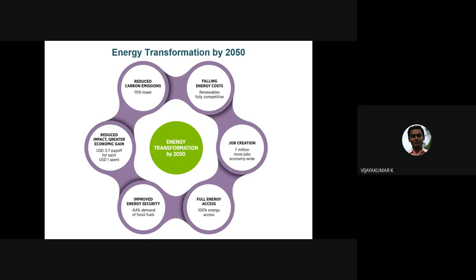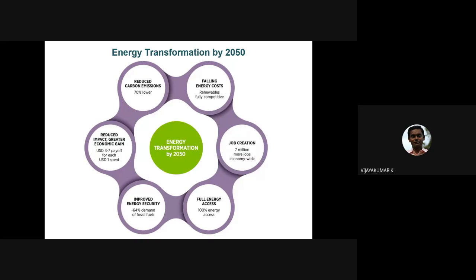So they are trying to reduce carbon emissions by 70% in power generation units. For that, what is the alternative? We are moving to alternative energy sources such as wind and photovoltaic systems, which are called renewable energy systems. When we move to renewable energy systems, we need not depend much on thermal power plants, so that we can reduce the carbon emissions.